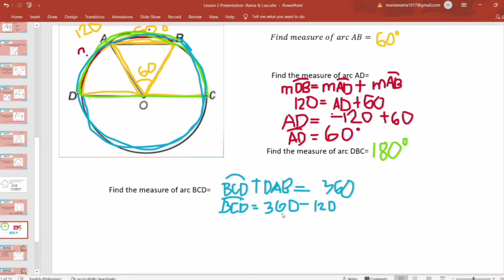Then 360 minus 120, we have 240. So the measure of arc BCD is equal to 240 degrees.